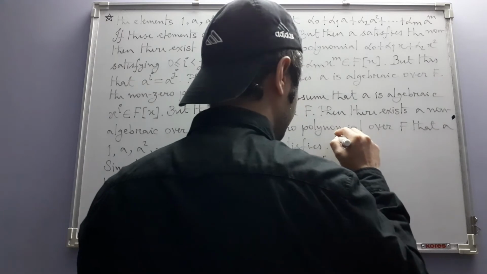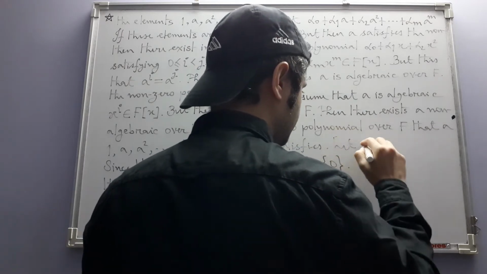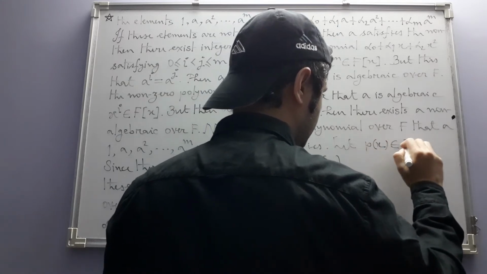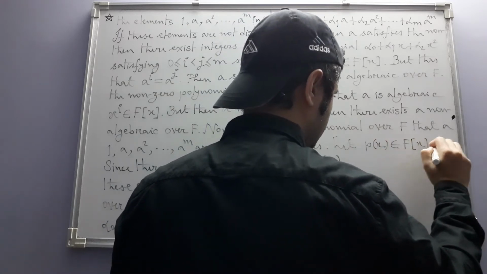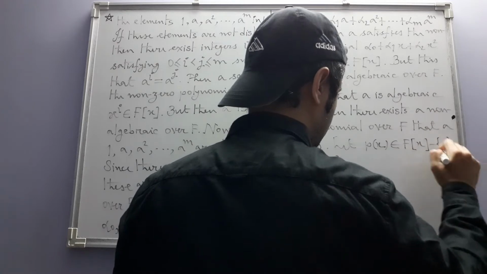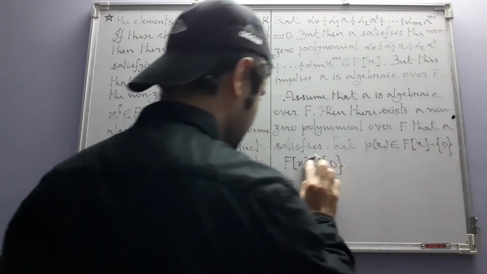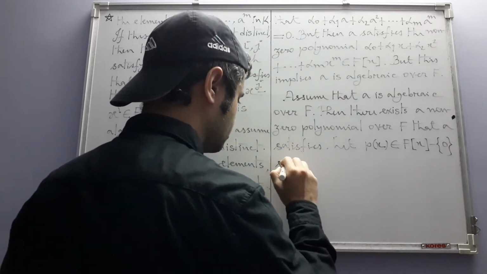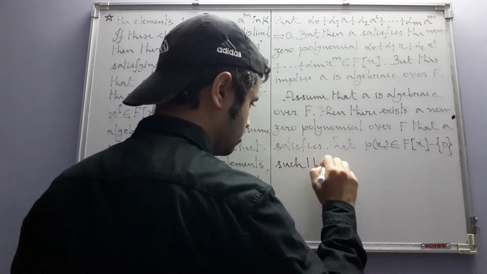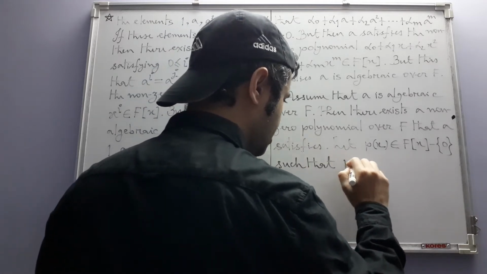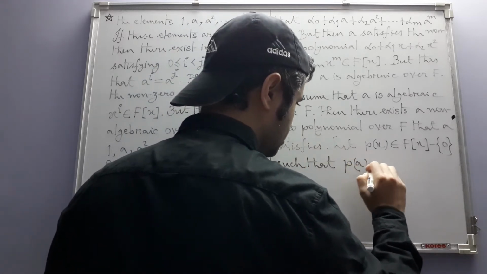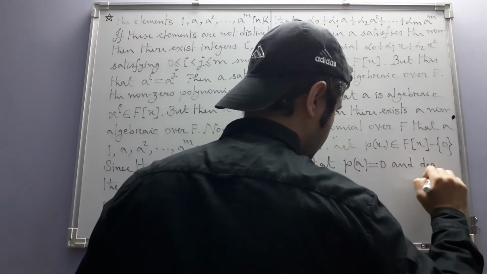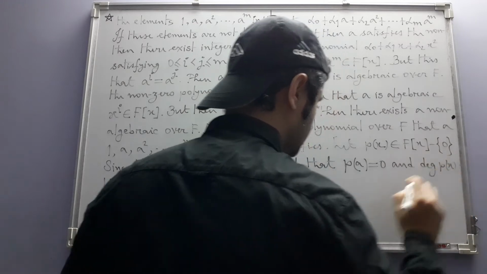So that's why let Px be a non-zero polynomial over F such that Px is satisfied by A, that means Pa is 0, and the degree of Px is minimum.